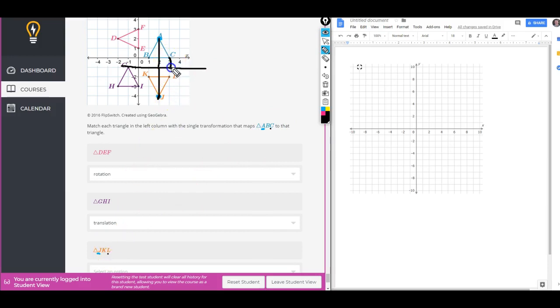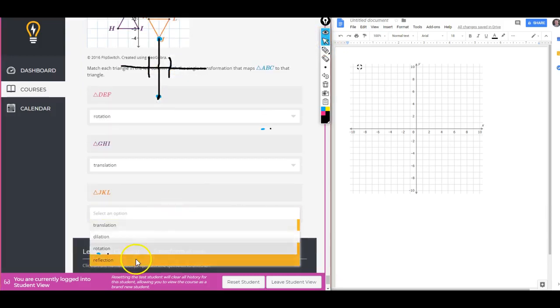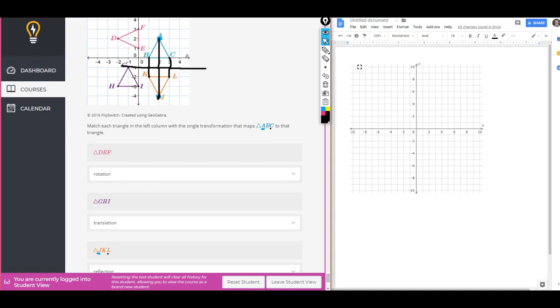So C is 1 unit directly away from the line of reflection. L is 1 unit directly away from the line of reflection. So yes, it is. And B is also 1 unit directly away from the line of reflection. K is also 1 unit directly away from the line of reflection. So it is a reflection. Hope that helps.